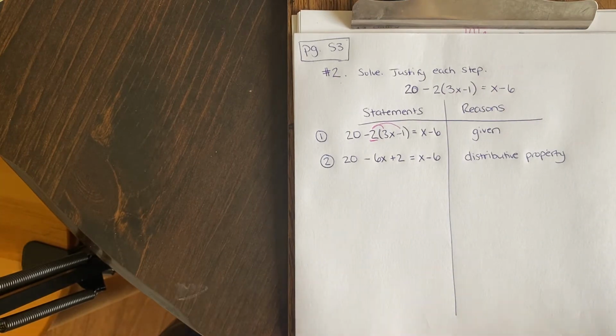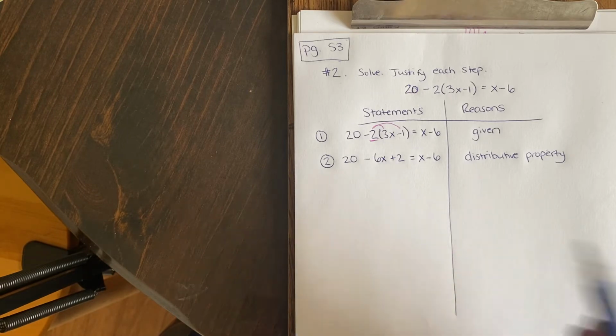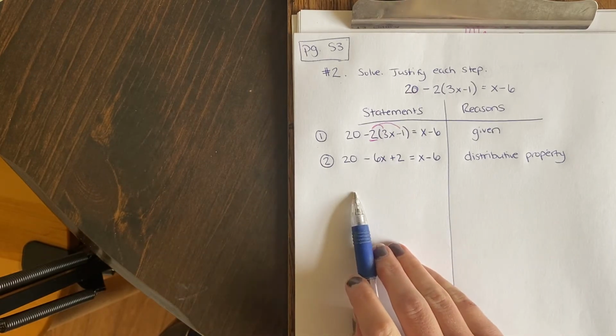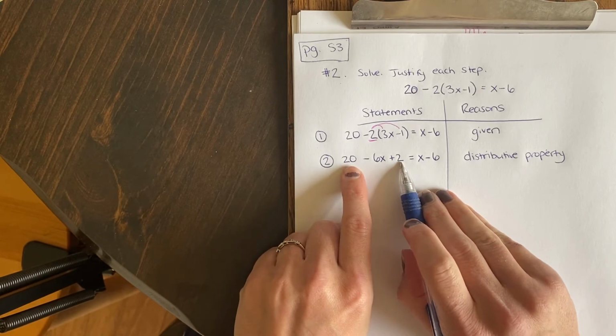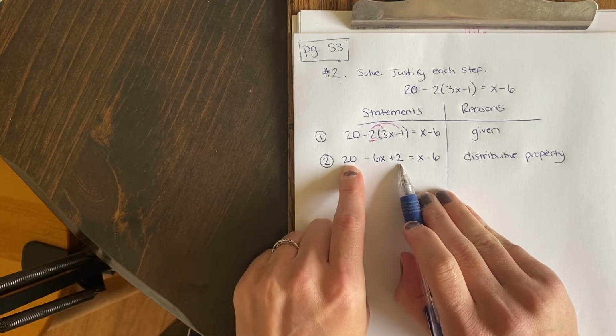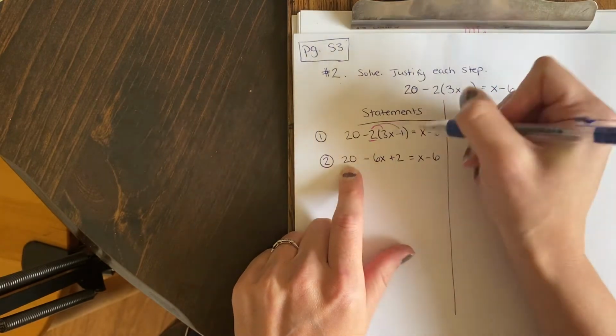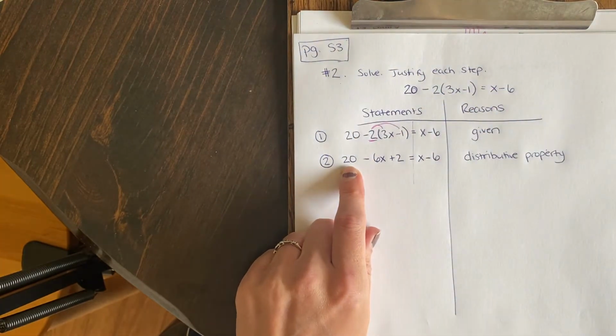Next, if I was going to solve this equation, I would go ahead and combine any like terms that I can. I can combine the 20 and the 2 because they're on the same side of the equal sign. Remember, if it helps you to draw a line down your equal sign, go ahead and do that.